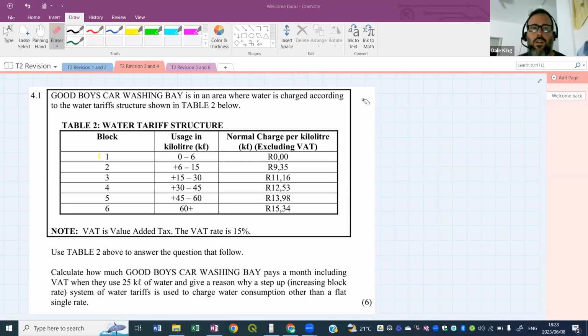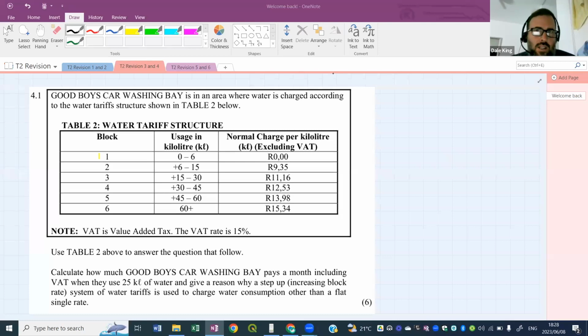There are 1,000 liters in a kiloliter. Absolutely. Excellent. Good job. Thank you, Emmanuel. 1,000 liters in a kiloliter.